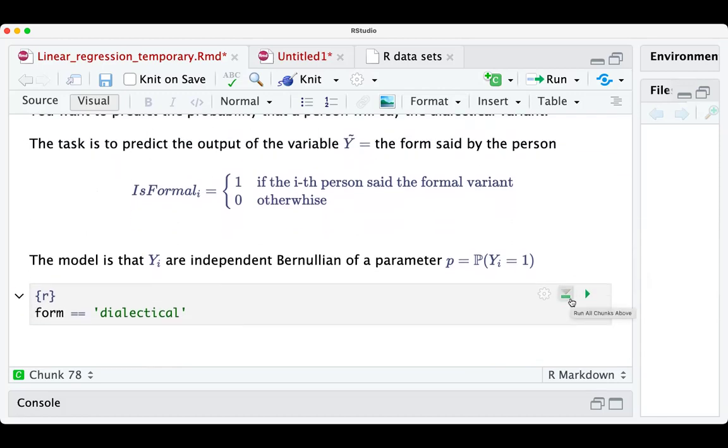Because R works with vectors. So form is a vector, dialectical is recycled, so it's a vector of dialectical. And this double equal is a question to the computer. So it's not an assignment, but we are asking if this vector form is equal to the vector of only dialectical. And the computer can reply only with true or false. So when it is true, it will return true, and false otherwise.